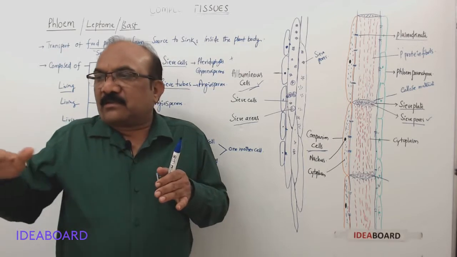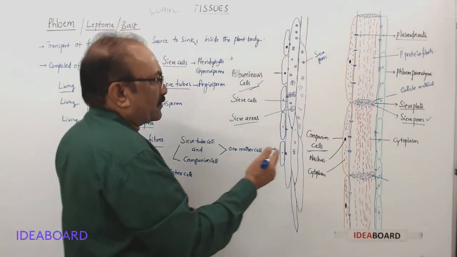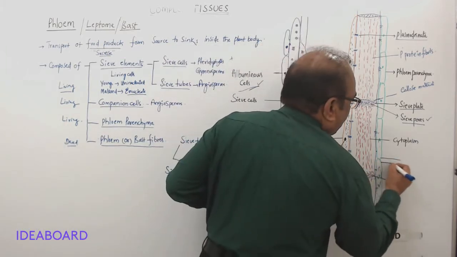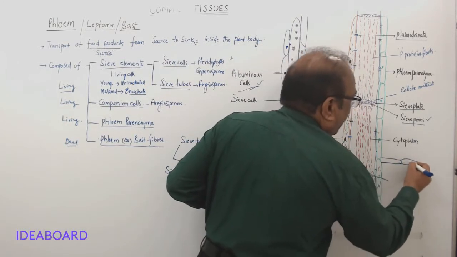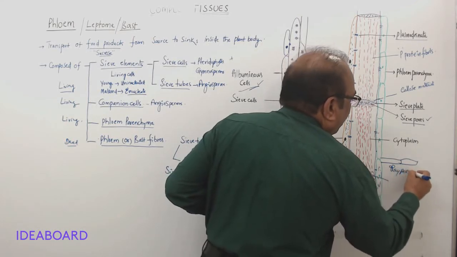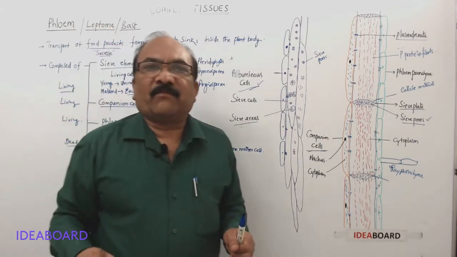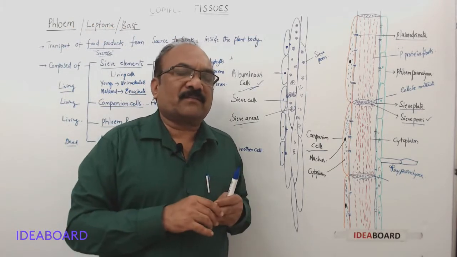And when they are arranged perpendicular to these cells, like this, these are called ray parenchyma. And that ray parenchyma will help in radial conduction of food materials.